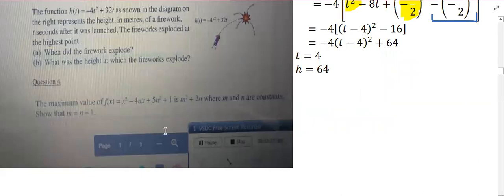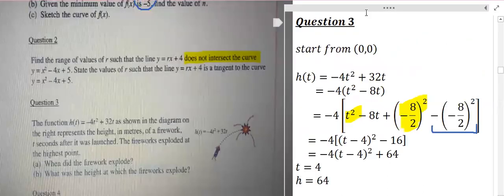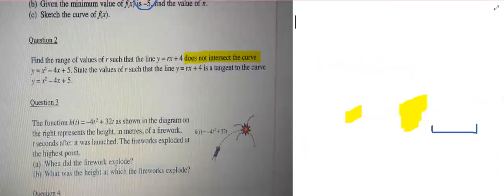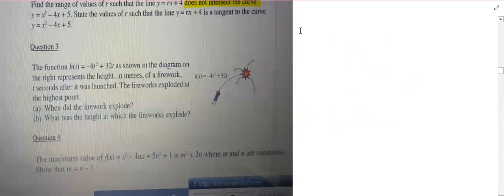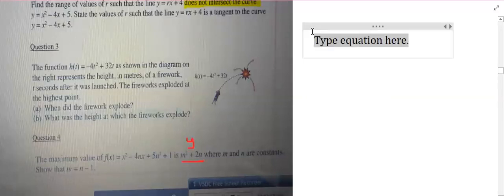Question 4, show that M equals to N minus 1. Okay, this one I delete first. Question 3. Okay, ini pun kamu kena buat the same maximum value is m squared plus 2n. Maximum value means the y lah, the y. Okay, so saya buat completing the square.